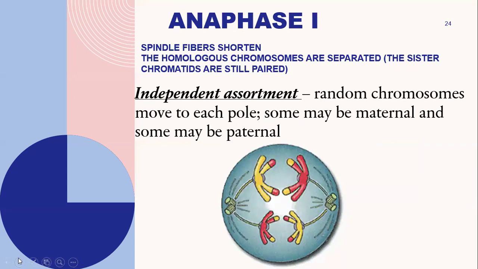Then we have anaphase 1. So in anaphase 1, the homologous chromosomes are separated from each other, and then they're put to opposite poles, similar to what we had in mitosis, just that this time it's not the chromatids getting separated. It is the whole chromosome being put to an opposite pole, okay?